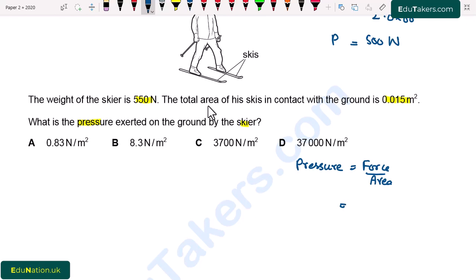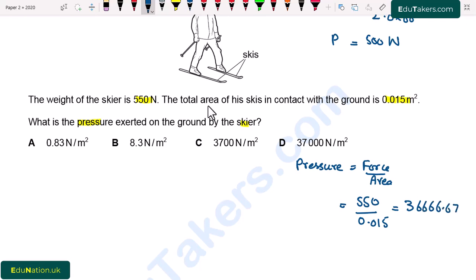So I write here 550 divided by area, which is 0.015. So the value of pressure will be equal to 3666.6.